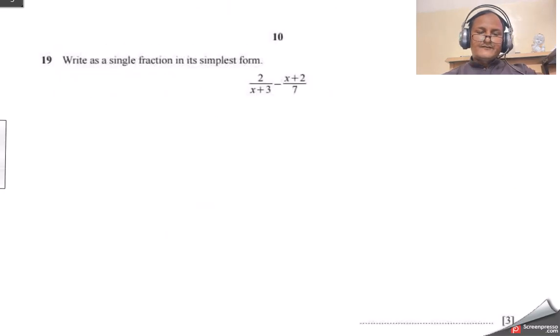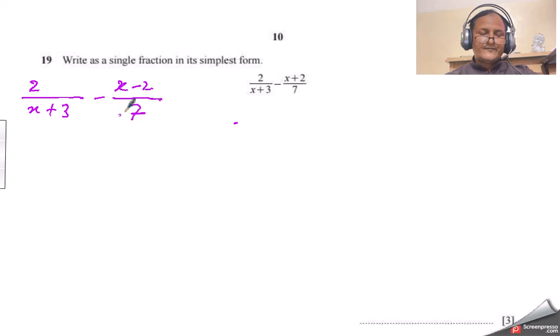Okay, after that we have single fractions. We're supposed to solve it. For example, I'm going to solve from here: 2 over 7 minus (x plus 2) over (x plus 3). The LCM is 7 times (x plus 3).